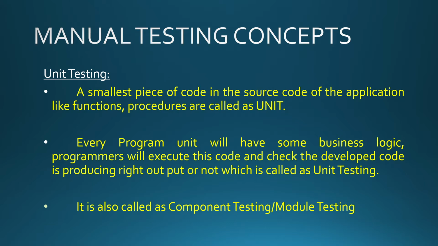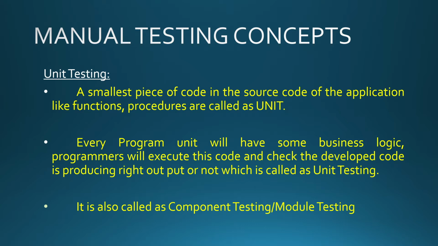Every program unit will have some business logic. For example, if I create a small piece of code for a login page, it will have some business logic, right? For login, we'll do some login functionality. Programmers will execute this code and check whether the developed code is producing the right output or not, which is called unit testing.